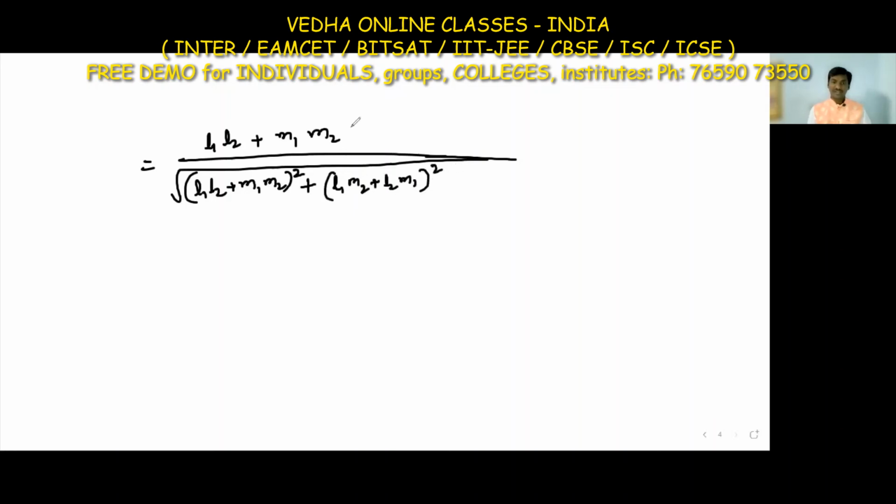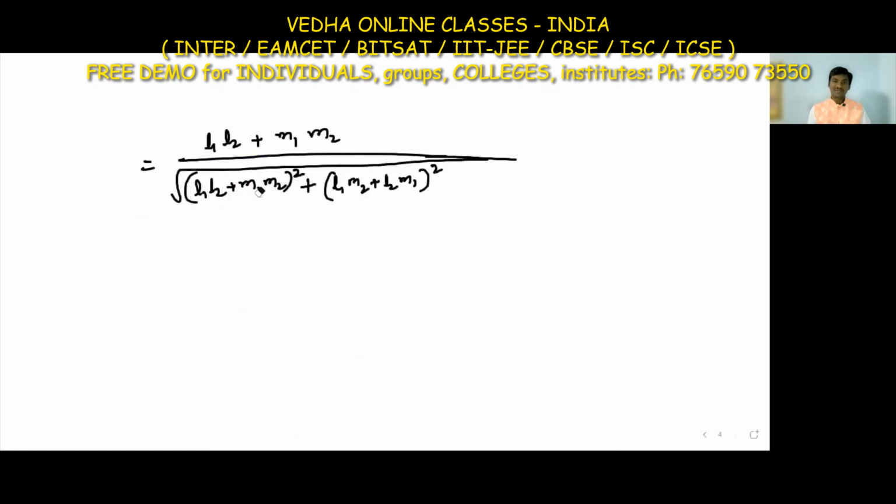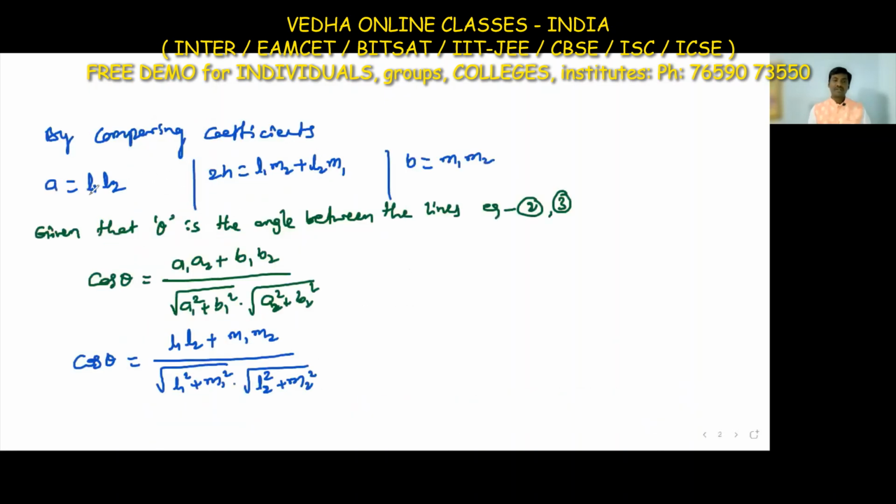Just a minute. Here one is negative, right? Here minus 2AB we have, so the first term is negative: L1 L2 minus M1 M2 whole square, and here L1 M2 plus L2 M1 whole square. So what do we know here? What is A?